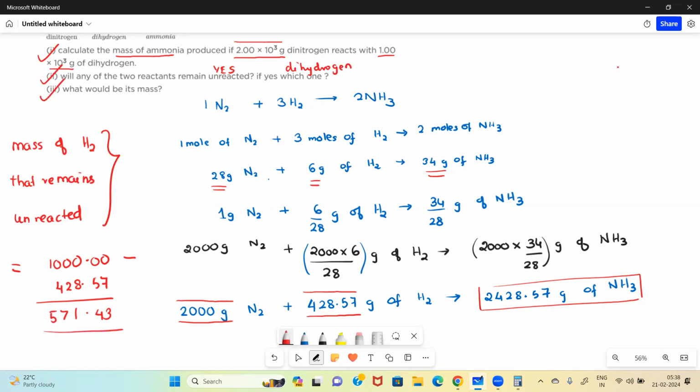So how much remains unreacted is 571.43 grams. Hope it is clear.